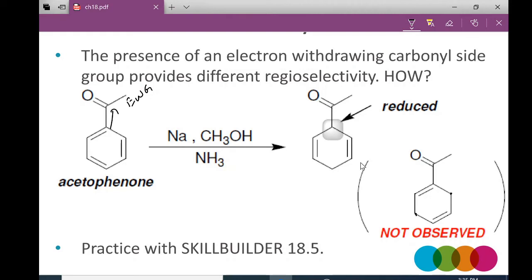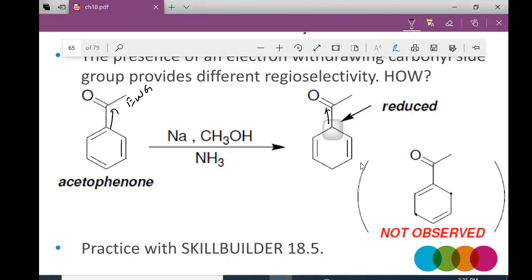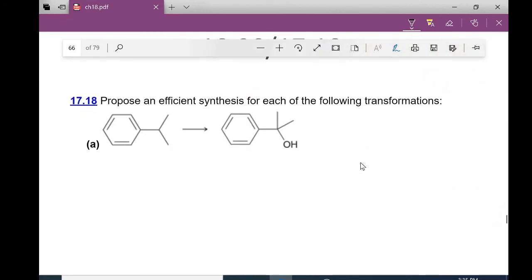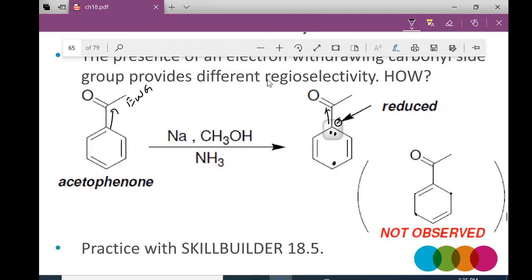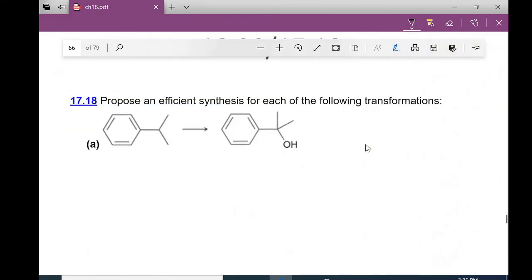Okay, and that is because the electron withdrawing group is withdrawing electron density from that system, and therefore it can stabilize the radical anion that forms as an intermediate. Okay, and so if we have an electron withdrawing group, we reduce at that carbon. If we have an electron donating group, we would reduce adjacent to that carbon. Okay, so I'm not going to go over any homework problems for my students with that, but keep that in mind in case you have some work on Wiley Plus.